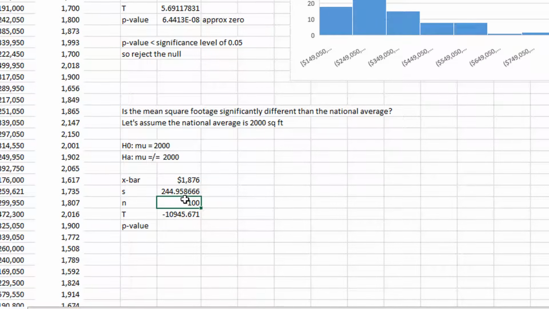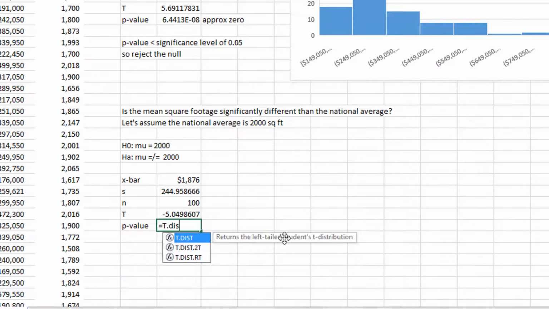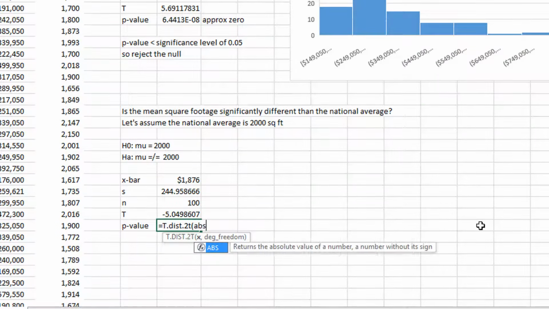The sample size is 100, and the t-statistic is calculated based on the difference between the sample mean and 2000. Well, what do you know? I got a very extreme t-statistic again. Now, for the p-value, I'm going to use T.DIST.2T. Now, when you do the two-tailed p-value, you want to use the absolute value of your t-statistic.